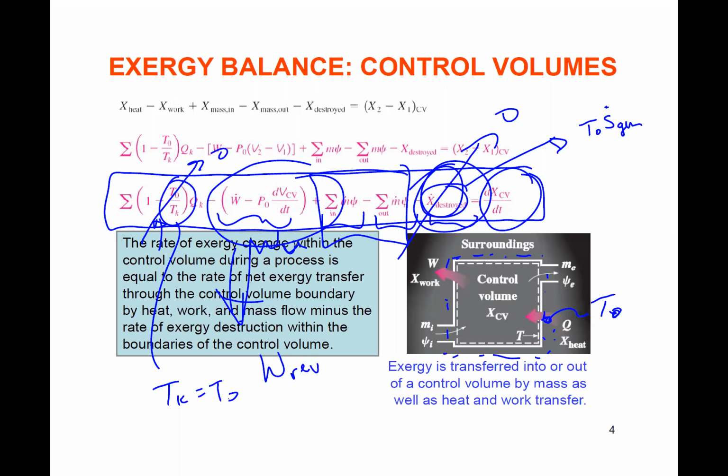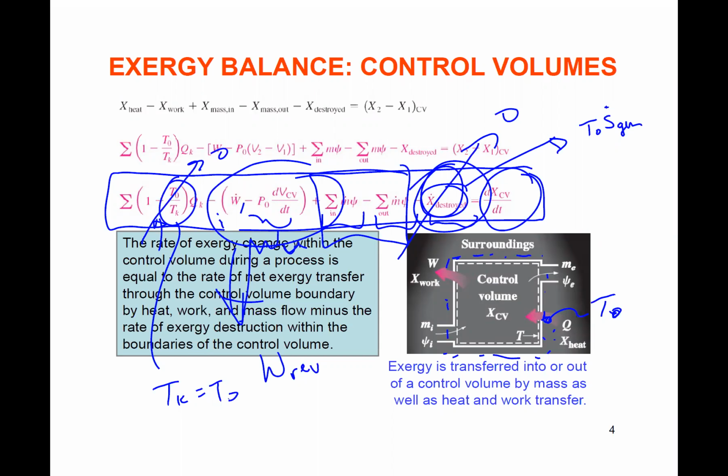So for a turbine, you're putting work into the system from the mass flow, because it has useful work ability to do work, and you're recovering it from the work on the shaft of the turbine. A compressor is doing the opposite.